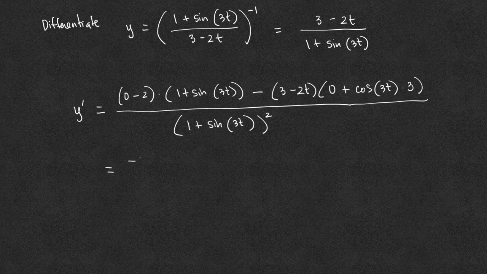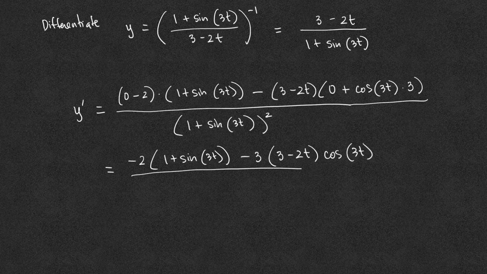We have negative 2 times 1 plus sine of 3t minus 3. We bring the 3 to the front. 3 minus 2t times cosine of 3t over 1 plus sine of 3t, the quantity squared.